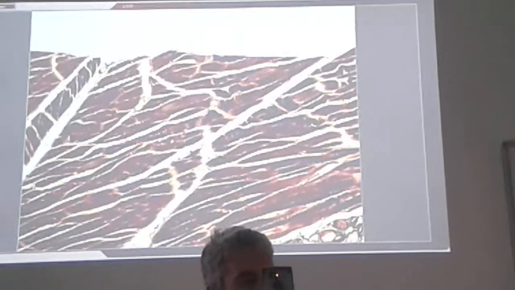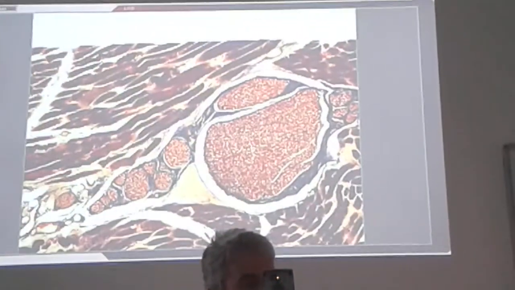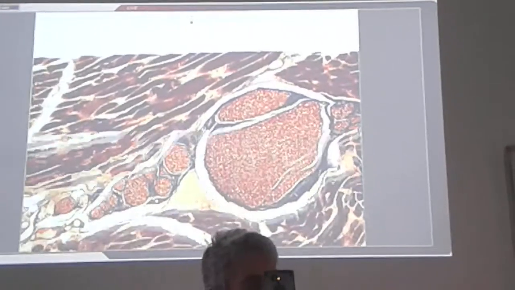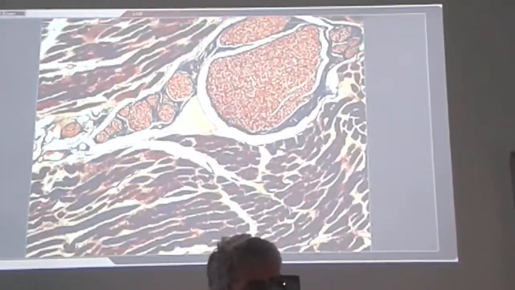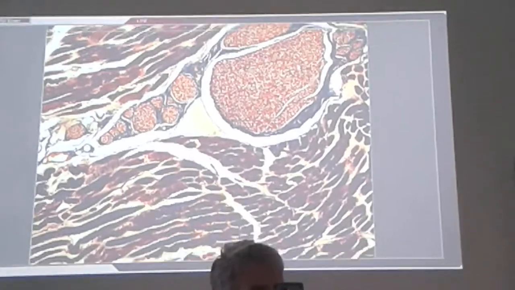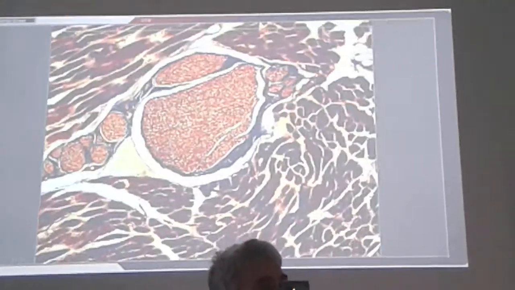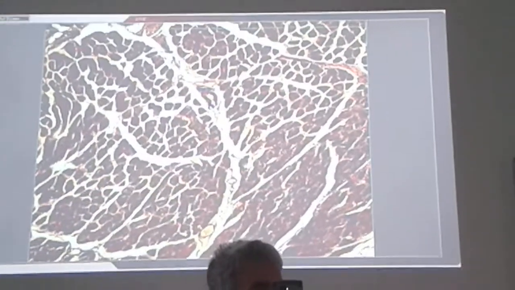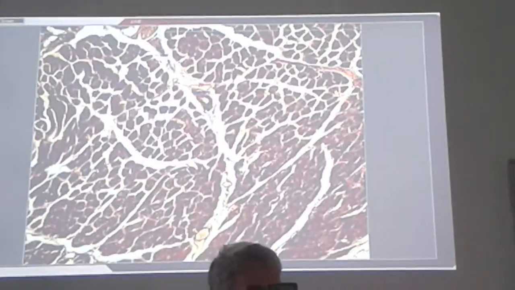The basal layer is cut through, and that's why we do not observe any epithelia here. But here is a big nerve section, and other capillaries or vessels are identified.